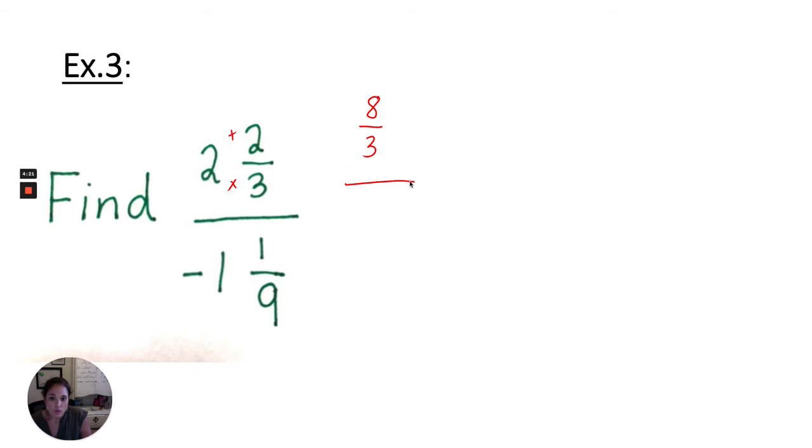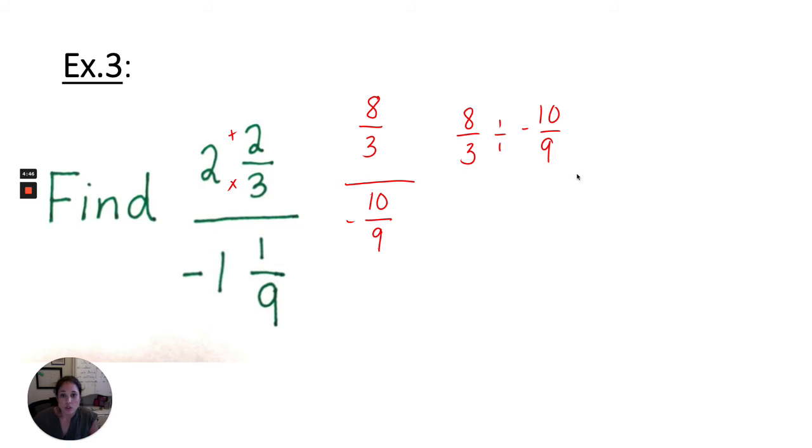So 8 over 3 divided by negative 1 1/9. So I turn this into an improper fraction, and this becomes 10 over 9 with a negative sign. I'm going to rewrite this in a linear form, divided by negative 10 over 9.